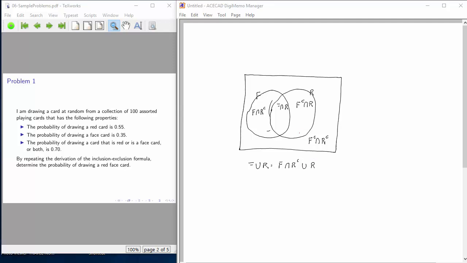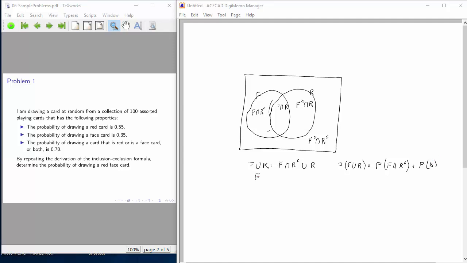In other words, the union is the disjoint union of the circle for red and the part of F that doesn't intersect that circle. And it follows from the axioms for probability that the probability of this event must be the probability of the first of the disjoint events plus the probability for the second one.